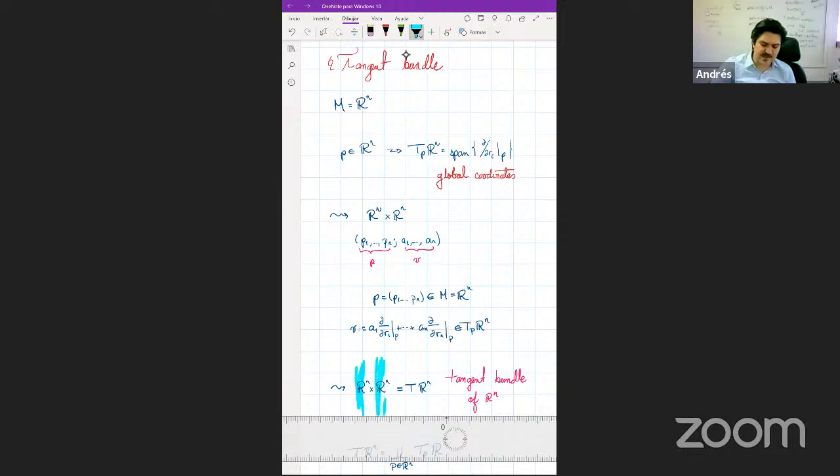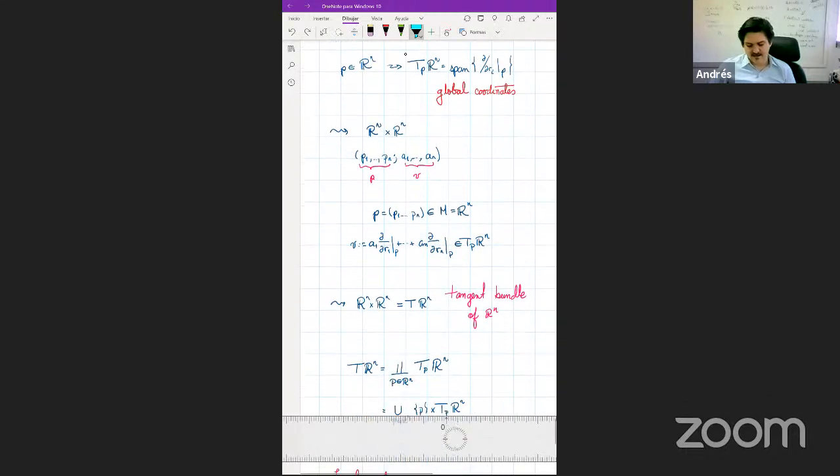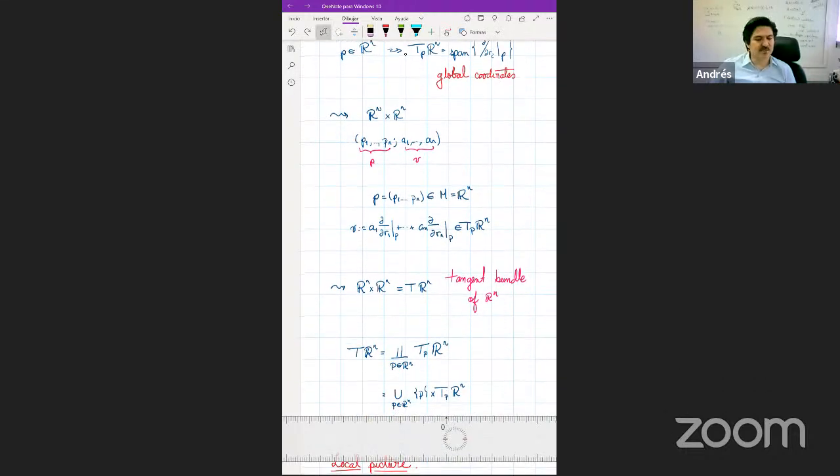Manifold and linear space. In terms of sets, the tangent bundle is the union of all the tangent spaces, where the point varies on the manifold.